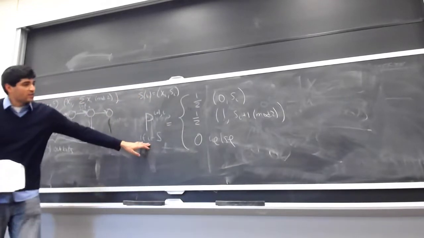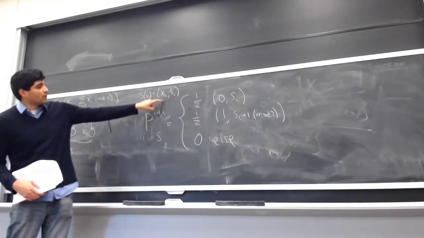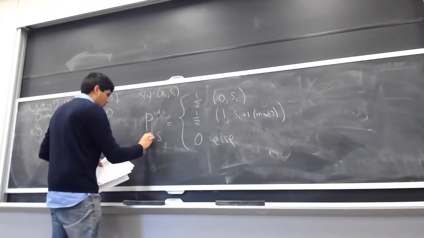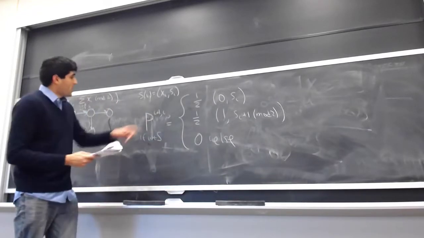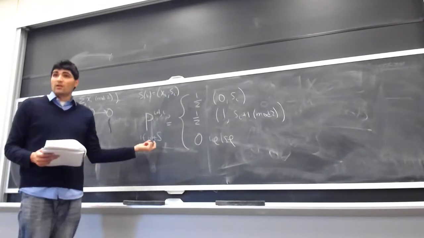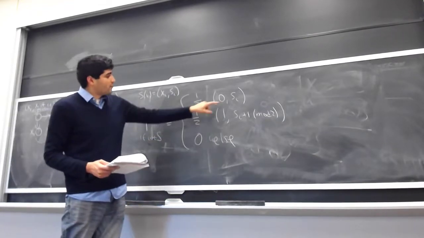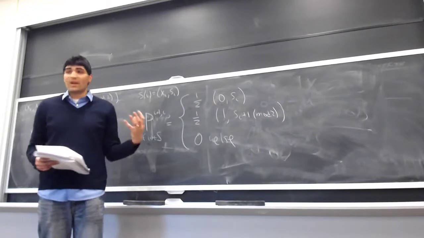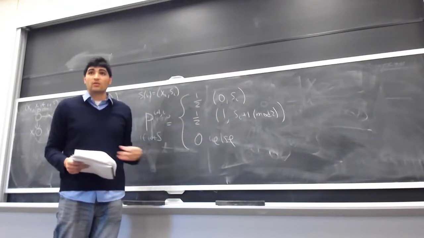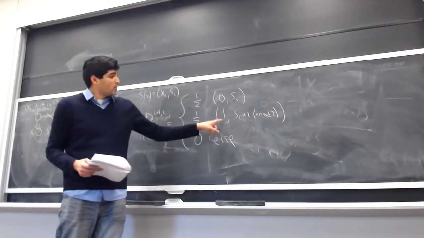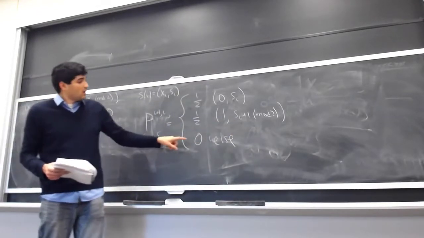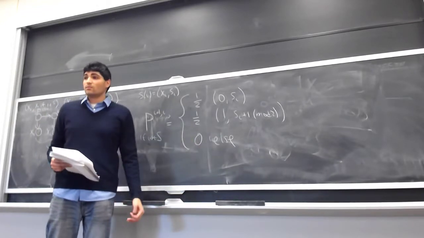Imagine we're in the case where i belongs in S, and i plus 1 belongs in S. We have our current bit i, and we have our running parity total, Si. If the next bit is in S, there's a 50% chance we generate the next bit to be 0 anyways, in which case we don't update the running parity. There's a 50% chance that we choose the next bit to be 1, in which case we do update the parity because i plus 1 belongs in S. And otherwise we keep it the same.